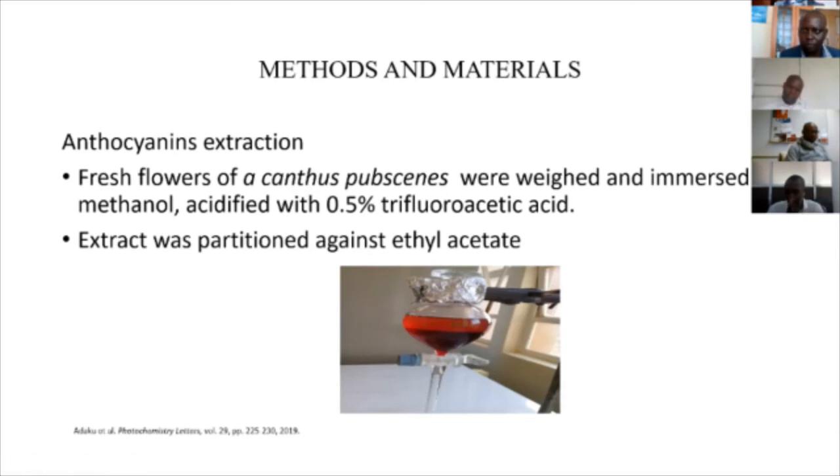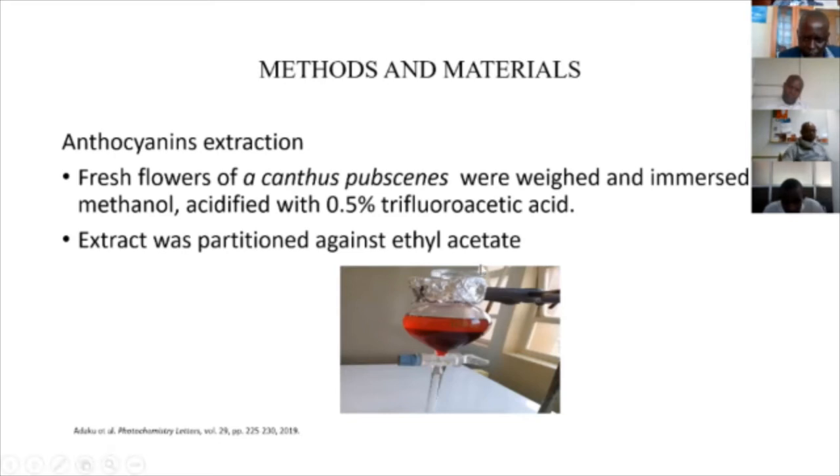Then I filtered using glass wool, and then I concentrated it in a rotary evaporator. The reason for concentration was to expel all the methanol so that you only remain with the water in the extract after filtering with glass wool.